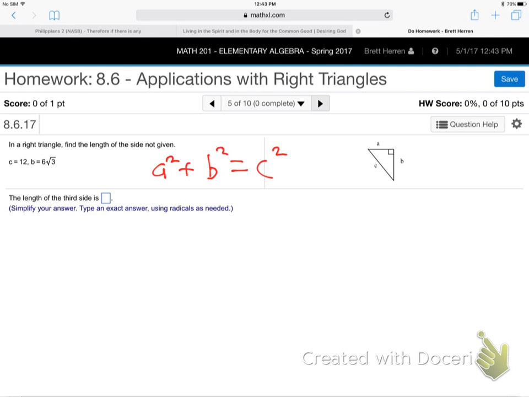A squared plus B squared is C squared. So plug in the B and the C. So if you square the B term, 2 in equals 1 out, right? So it's 6 times 3. Almost. It's 6 times 6 times 3. There's 2 sixes also, right?